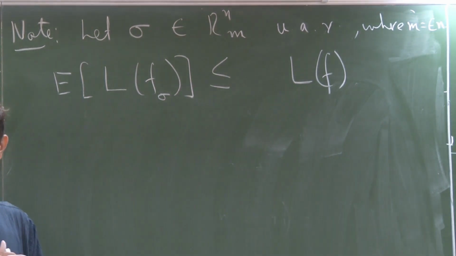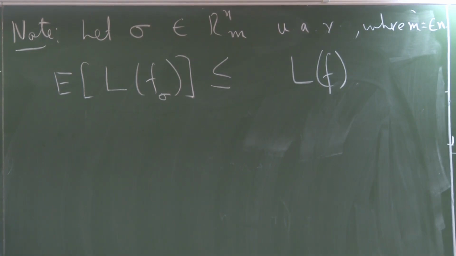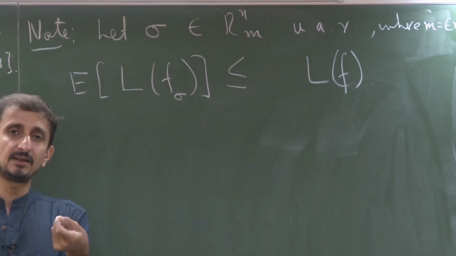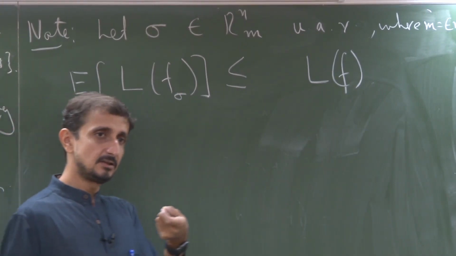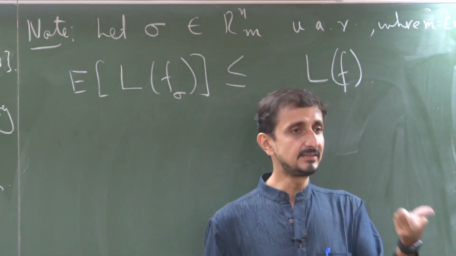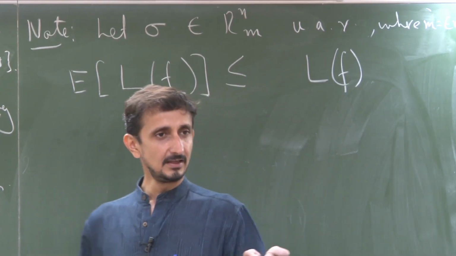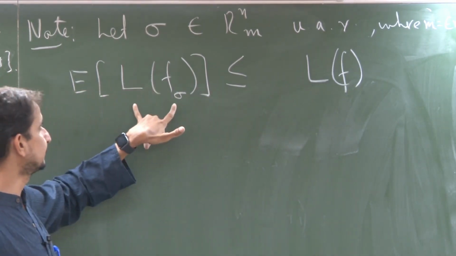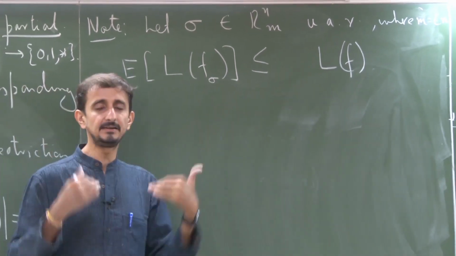Then what happens? Look at a variable xi. If that xi appears some li number of times, and if xi is set to 0 or 1, then the size of that formula will decrease by li.